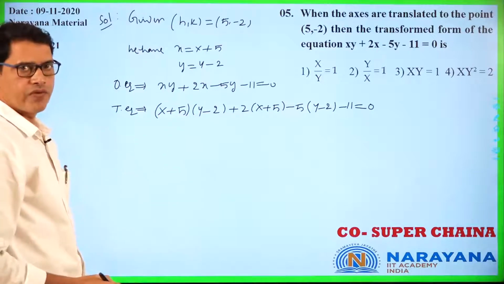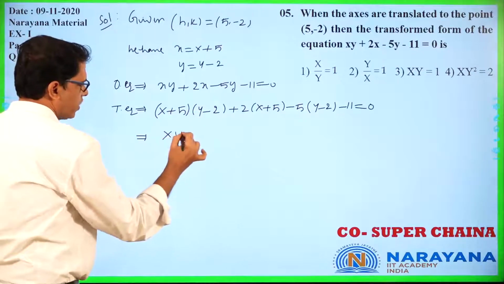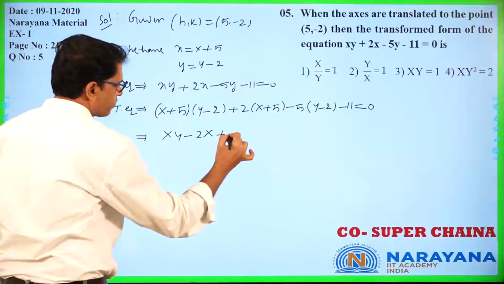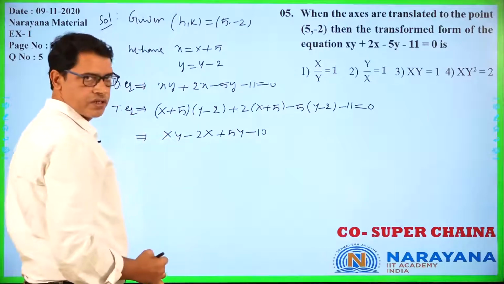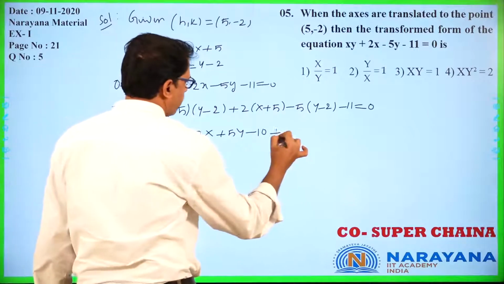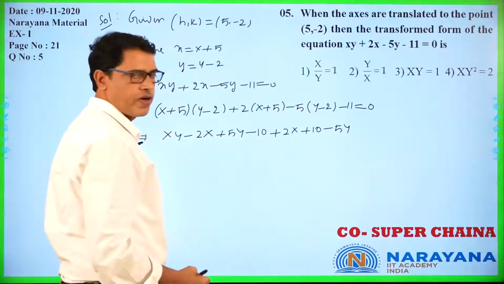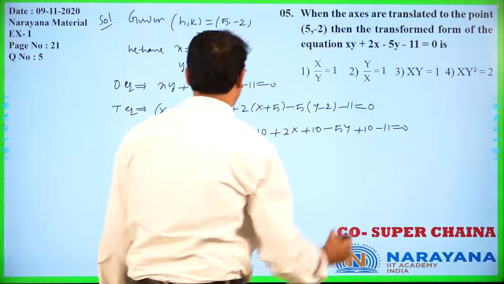Again common simplification. Expand: xy minus 2x plus 5y minus 10, then 2x plus 10, then minus 5y plus 10, minus 11 equals 0.